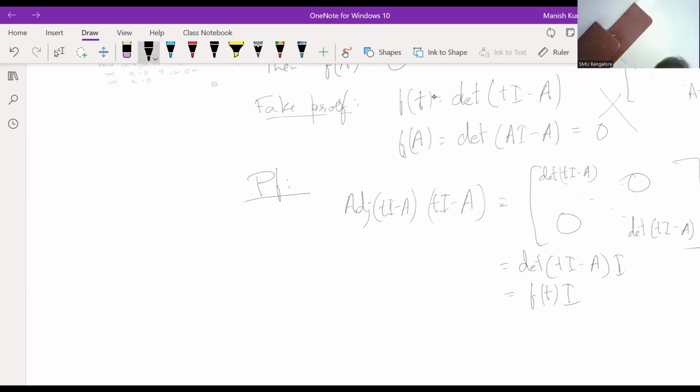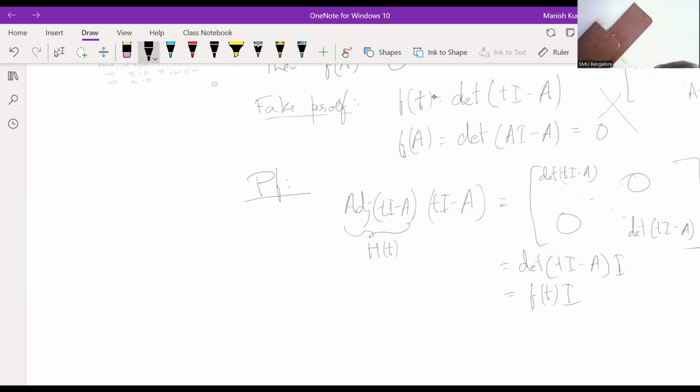Let's try to expand this, and maybe we'll call this matrix H, or rather H(t), so it is a matrix which depends on t.